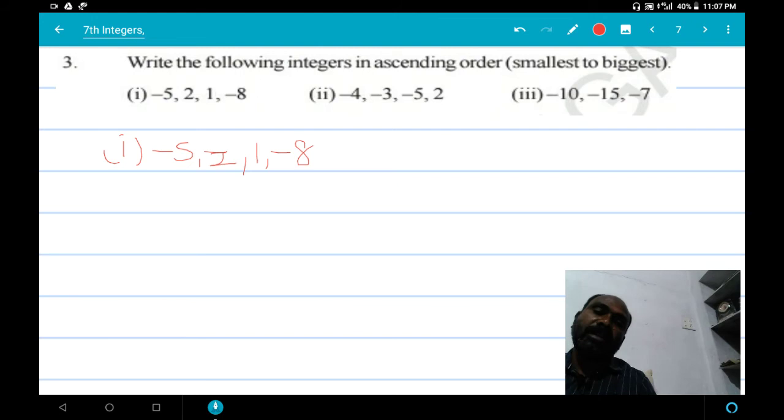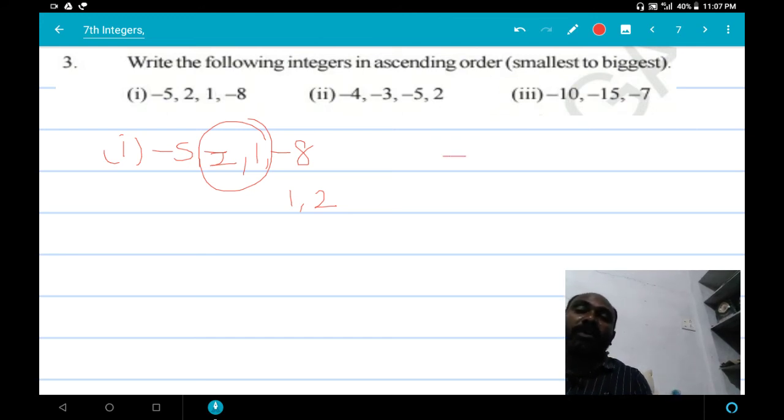You already know negative numbers are smallest compared with positive numbers. Among the positive numbers 2 and 1, we already know that 1 is the least number and then 2. Compared with 1 and 2, minus 5 and minus 8 are on the left side of 1 and 2.